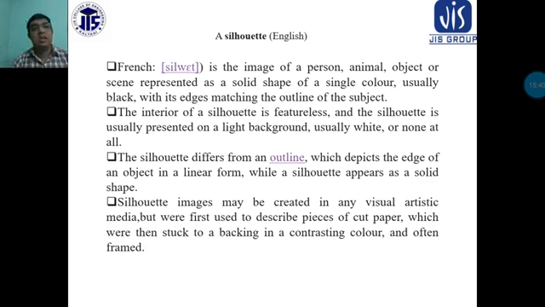Basically, we can see different types of card paper, different backings, contrasting colors, and different types of frames.